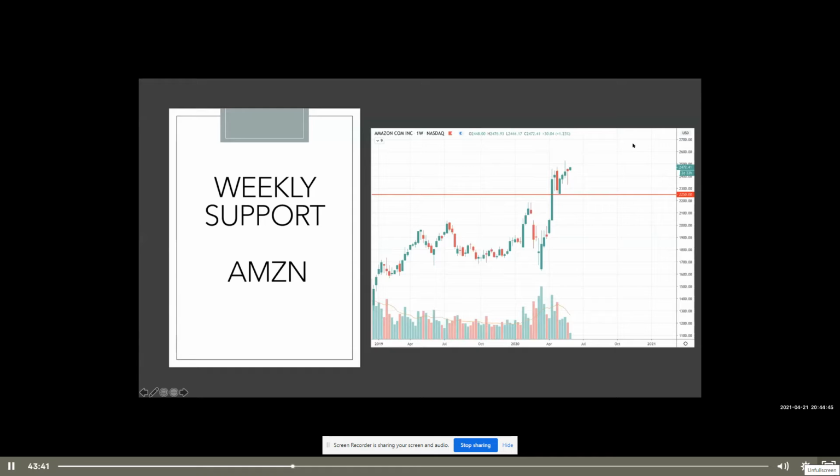Now, two touches on a weekly time frame is good enough for me to consider this to be a support, especially because it's at a key psychological level of 2,250. That's something you want to be looking out for when we're talking about support and resistance. Like 2,250, 2,300, 2,350, 2,400.